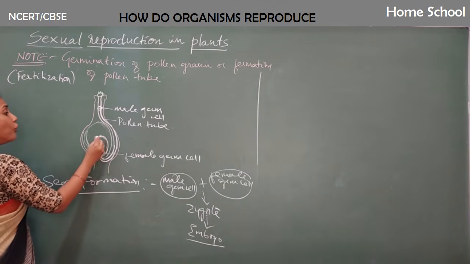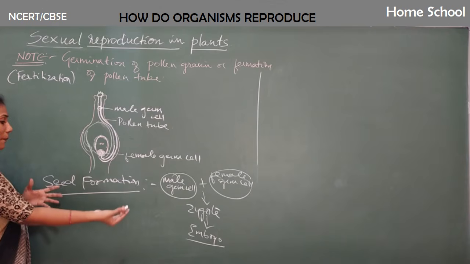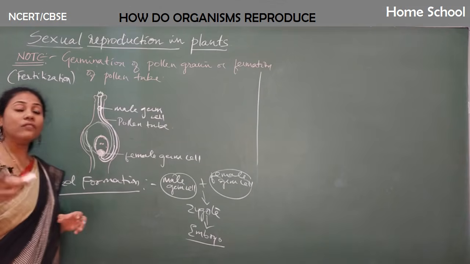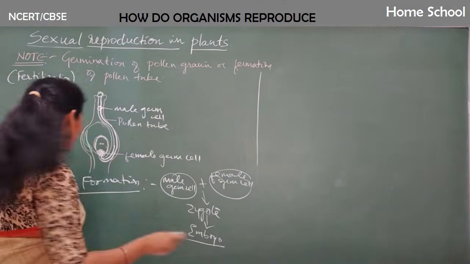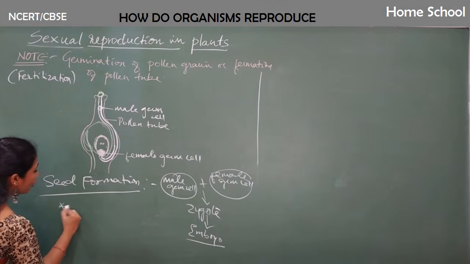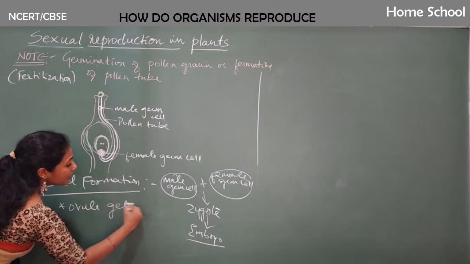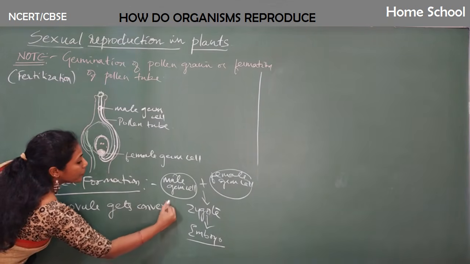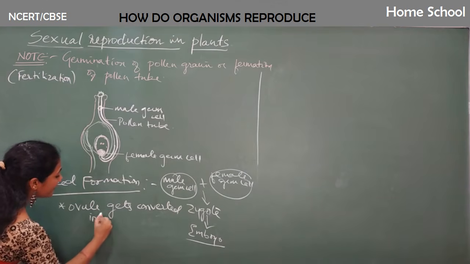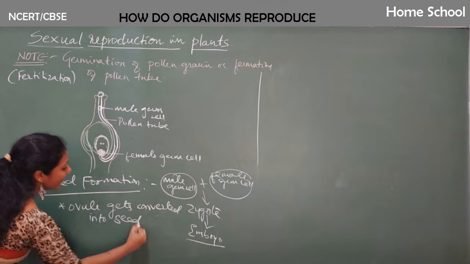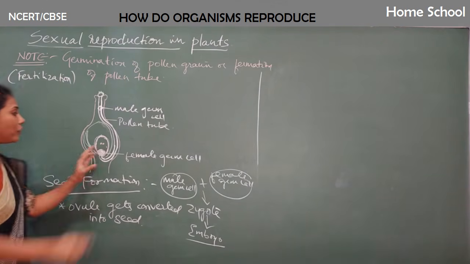The remaining ovule part will be converted into seed. Remember what is happening here: the ovule gets converted into seed. So inside a seed you actually have the embryo. Clear?